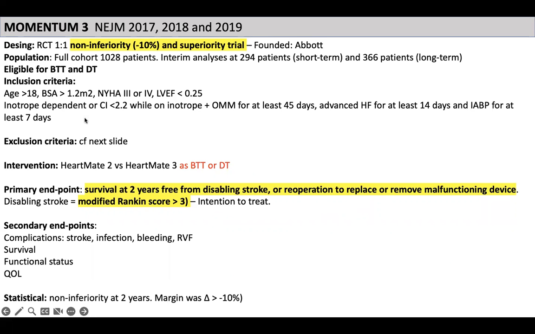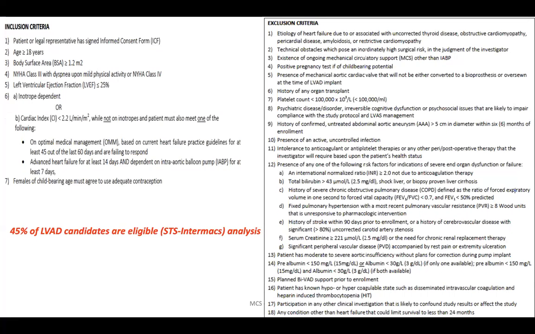I think you need to know the inclusion and exclusion criteria. I put them here because you may have a question with a patient, asking, okay, is this patient eligible for Momentum? And you have to be aware that only 45% of LVAD candidates are eligible for the Momentum trial.